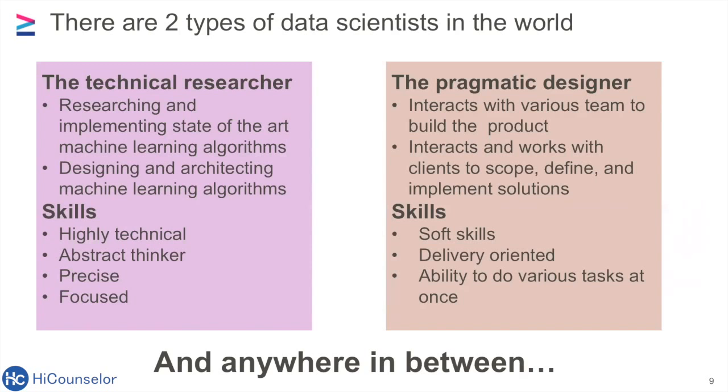The skills required are a highly technical understanding of machine learning and data science, the ability to think abstractly, and being precise, focused, diligent, and single-minded about what you want to do. These are the two very varied areas of data science, and you could fit anywhere in between.